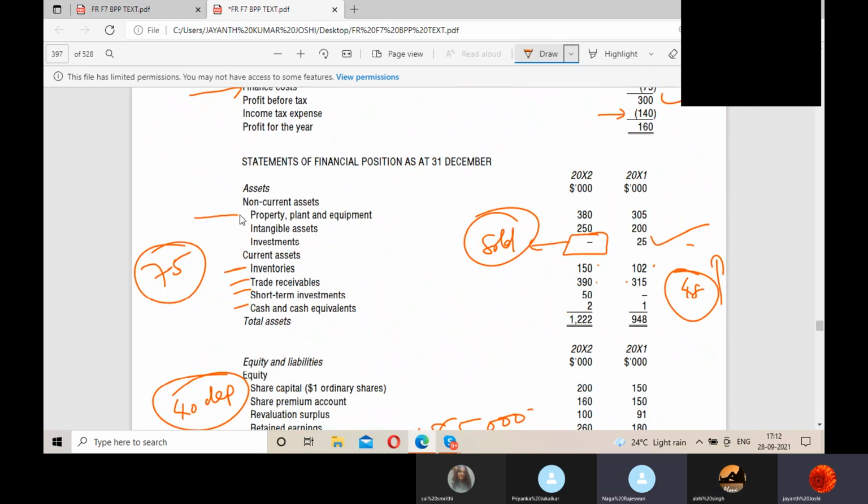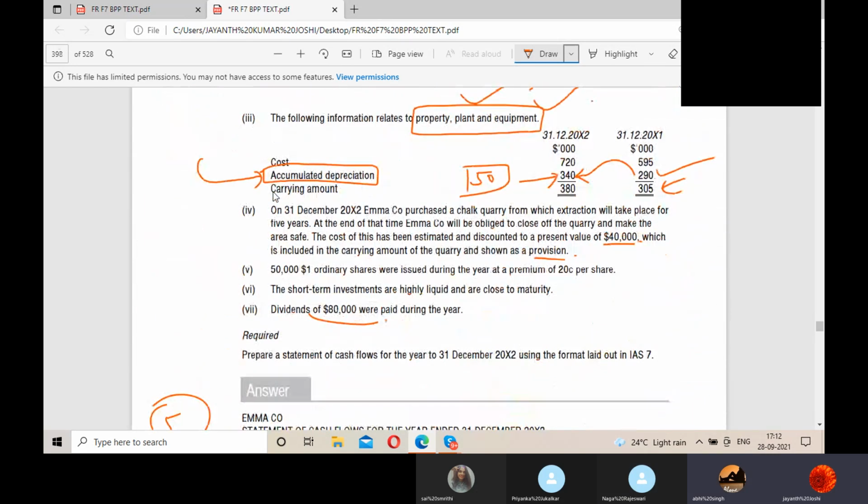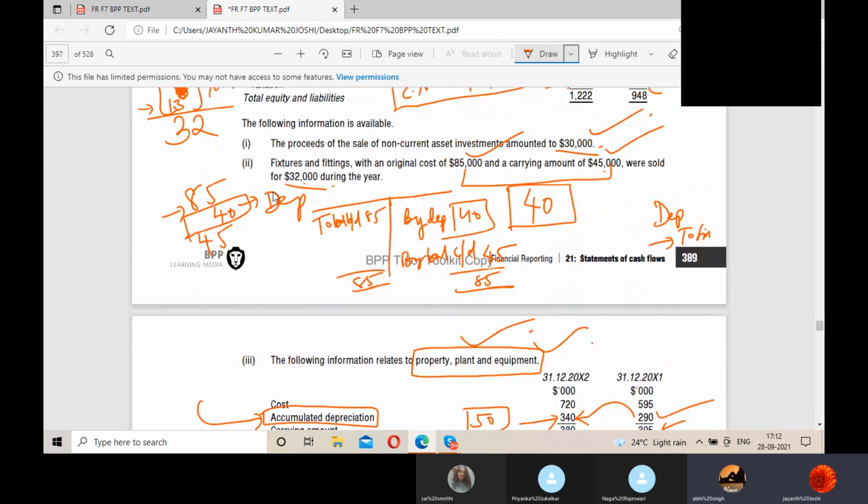This has an inclusion of fixtures and fittings. Understood? Yes, sir. That inclusion is there in the PPE only, because separately they have not given any PPE account. So you sold how much of this? 85,000 something part of asset you sold, correct?